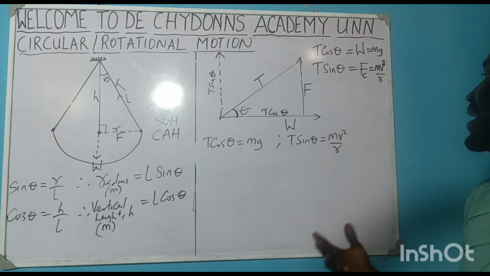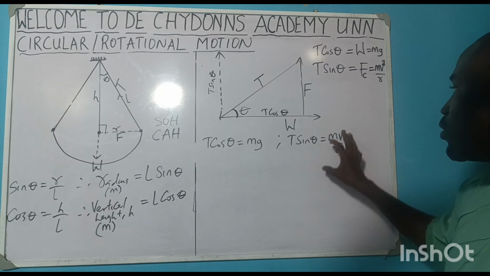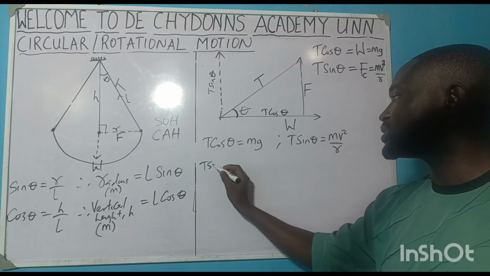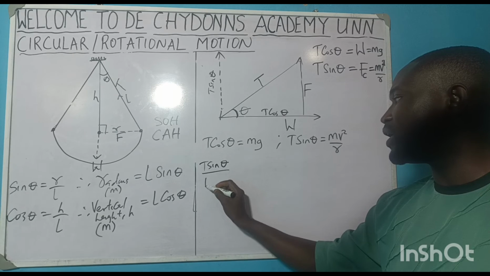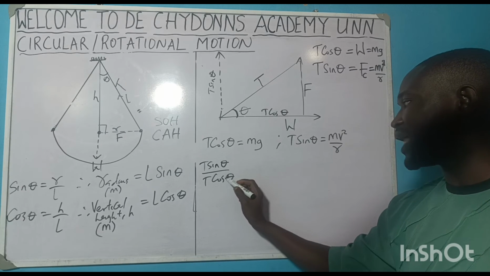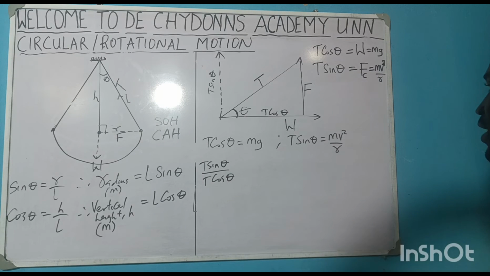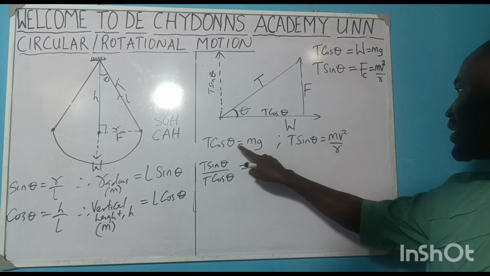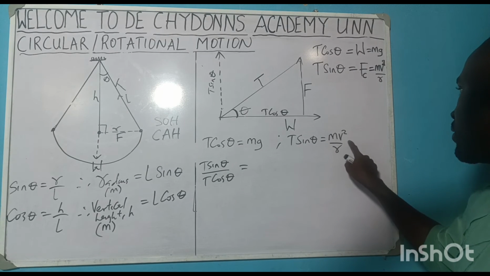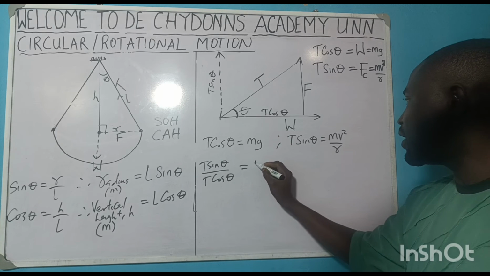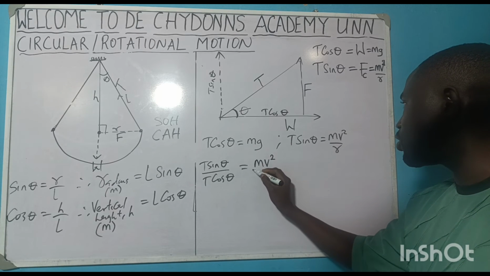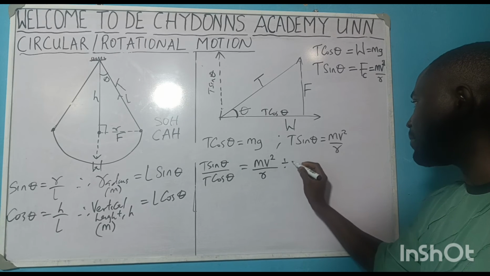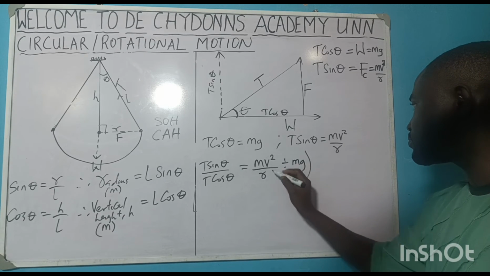Now dividing equation 2 by equation 1, we have T sine theta over T cos theta equals mv squared over r divided by mg.